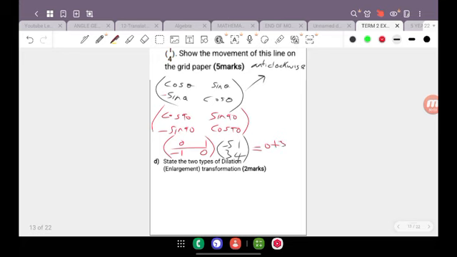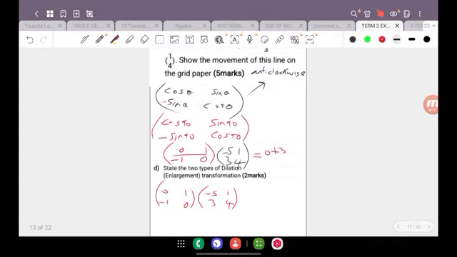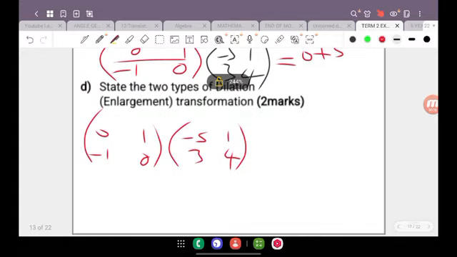All right. And then we're going to go row by column again. So let me just go down here. So we have 0, 1, negative 1, 0. And we're going to multiply that by the points negative 5, 3. You can do it one by one if you want to. And then we're going to go 1, 4 here. If we do our calculations, we're going to go row by column.